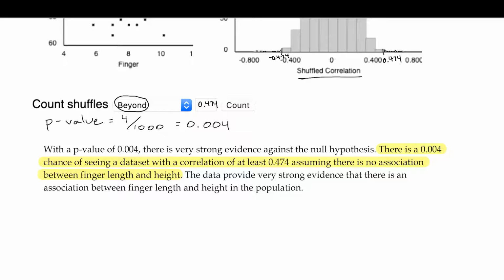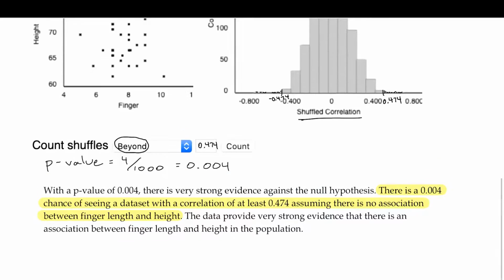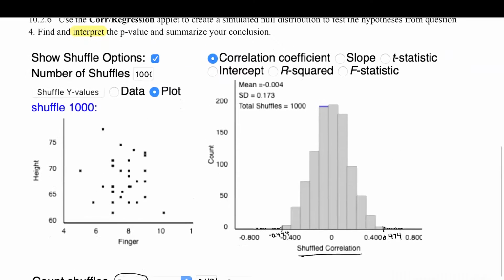This is the interpretation: the probability of what, assuming what, that's how we interpret the p-value. So there is a 0.004 chance of seeing a data set with a correlation at least as extreme as 0.474, assuming there is no association between finger length and height.